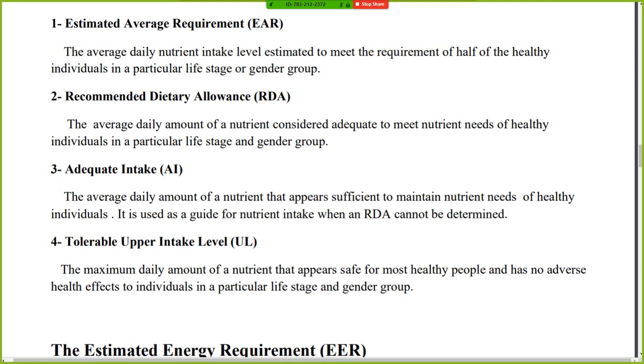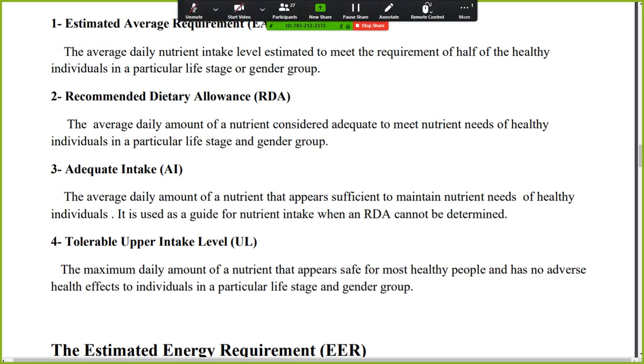Number 2, recommended dietary allowance, is defined as the average daily amount of nutrient considered adequate to meet nutrient needs of healthy individuals in a particular life stage and gender group.